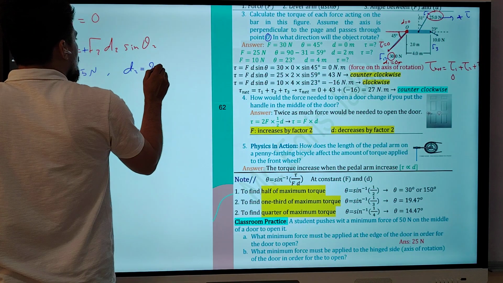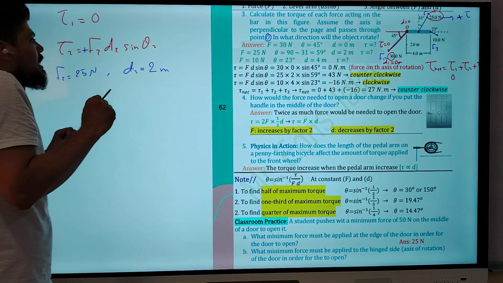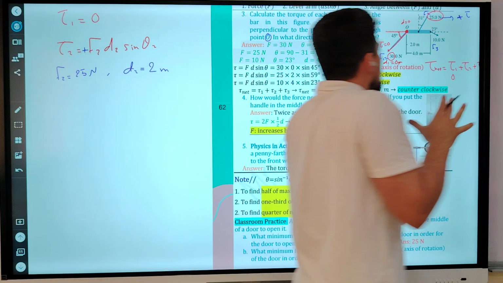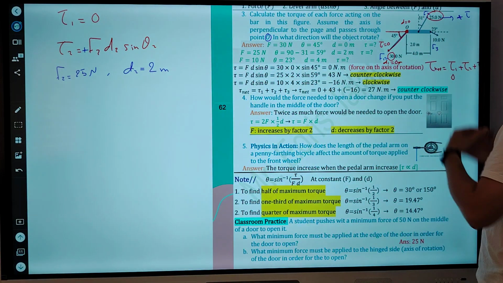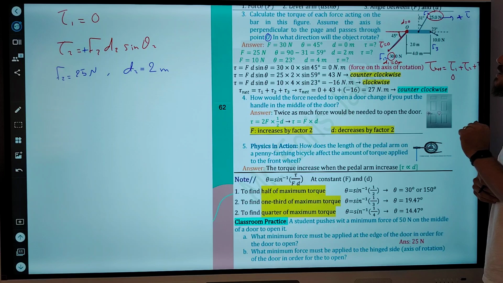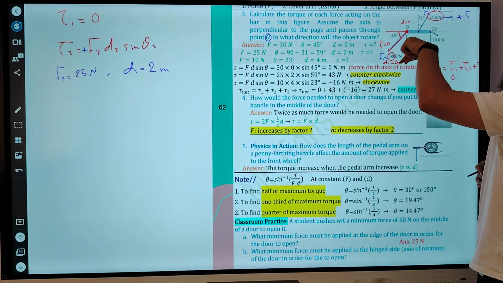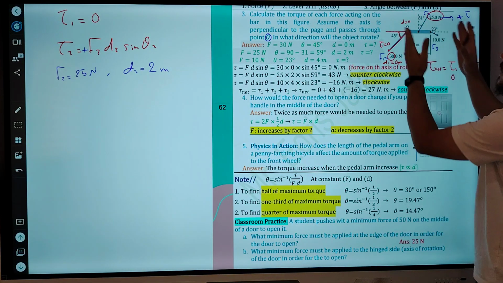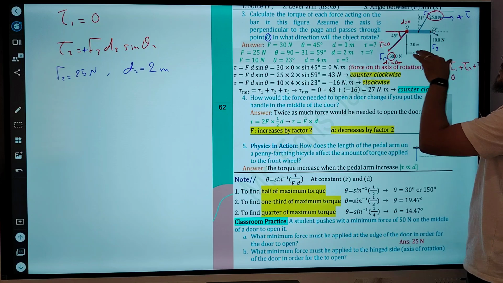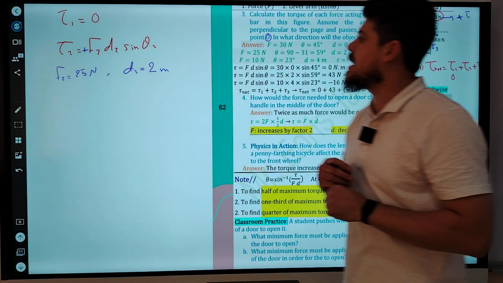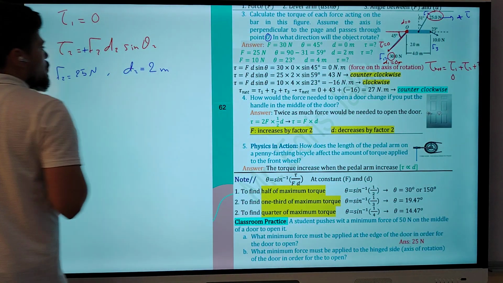D2 is equal to what? 2 meter. How did you find D2? Because you have to say, teacher, the whole distance of the bar was given, which is equal to 4 meter, and F2 is applied at the middle of the beam, as you can see. So we divide this 4 meter by 2 and get D2, which is equal to 2 meter.